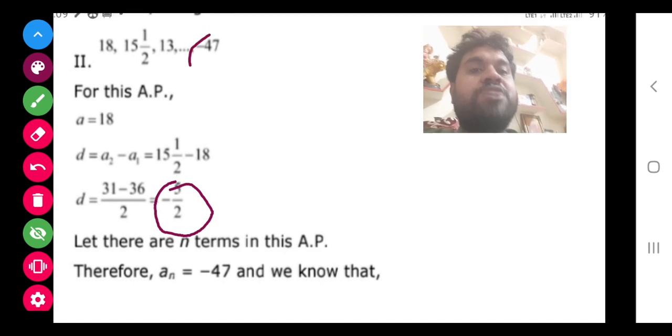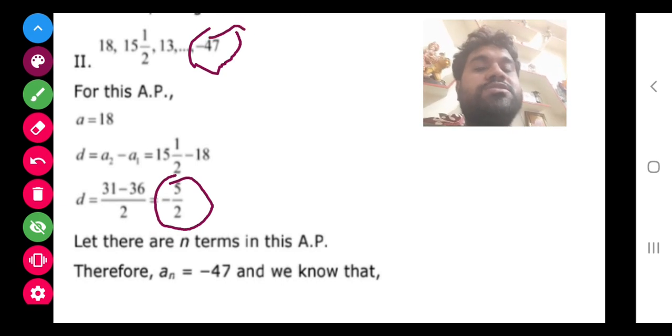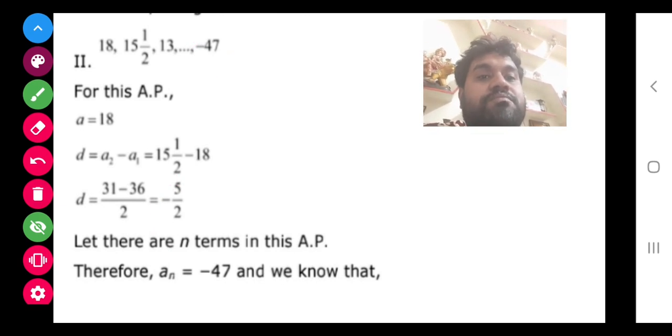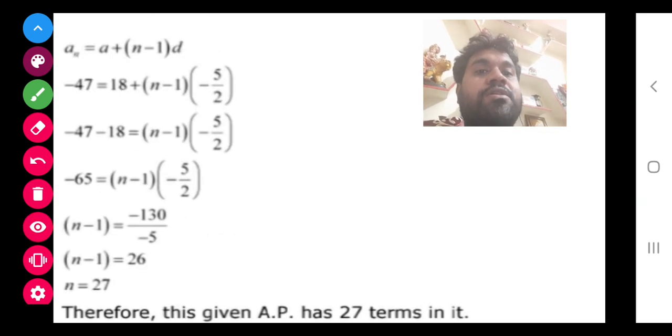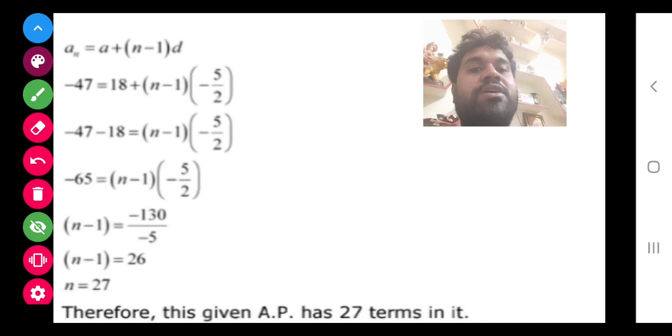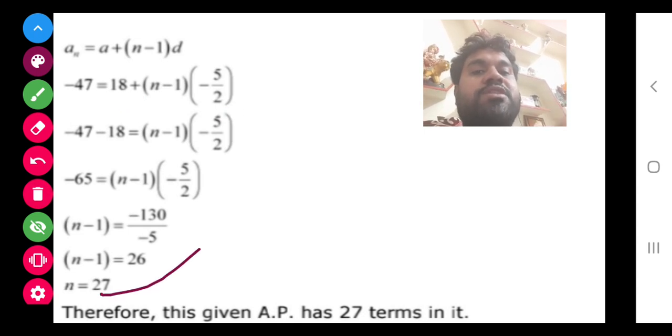Now our an is how much? Our an is 47. Now substituting the values of an, d, a, this is a little tough calculation, so you have to see it, and for any problem you can ask me. And finally n equals 27.